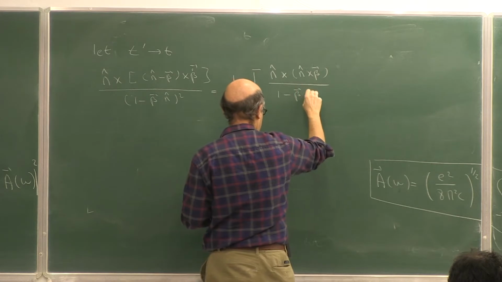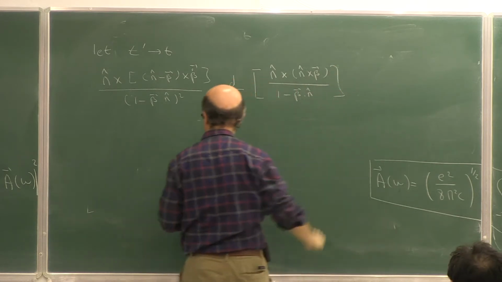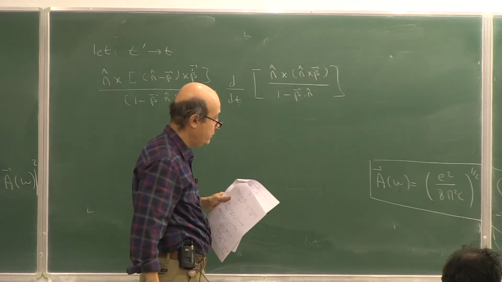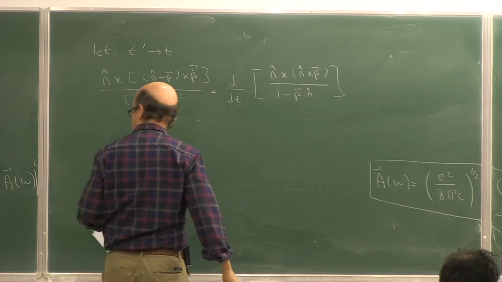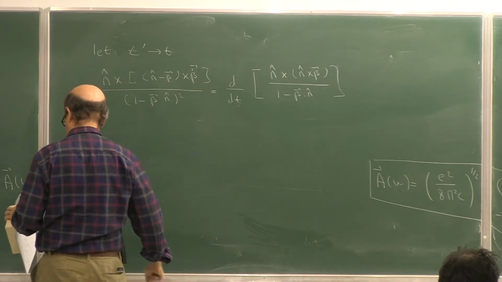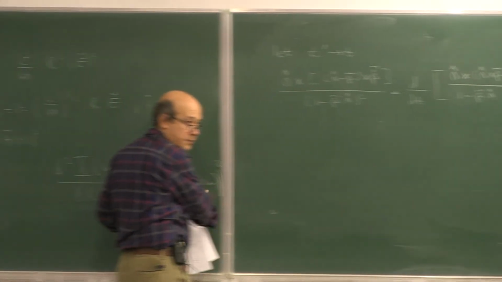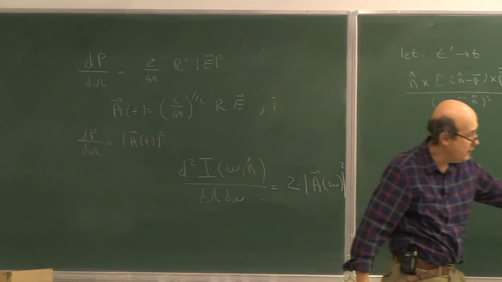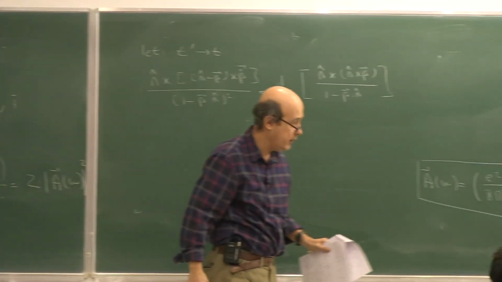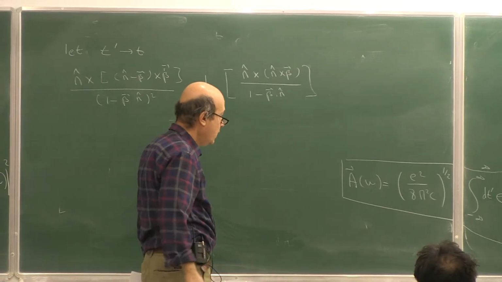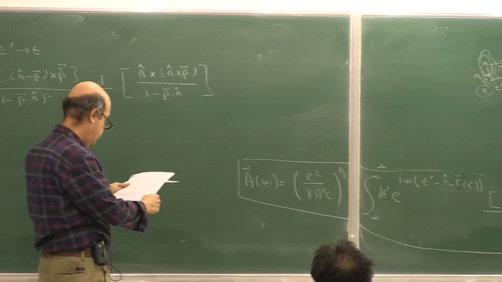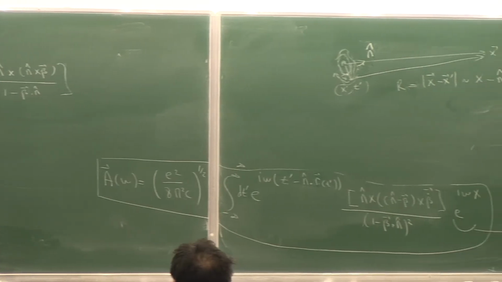Minus beta dot n. This is one other thing. As I said, eventually you need the absolute square of this. You don't need the phase factor e to the i omega x. So that integral could be written in the following form.